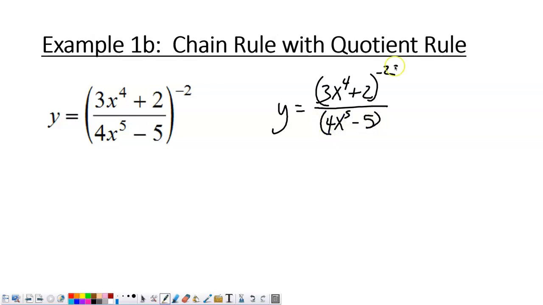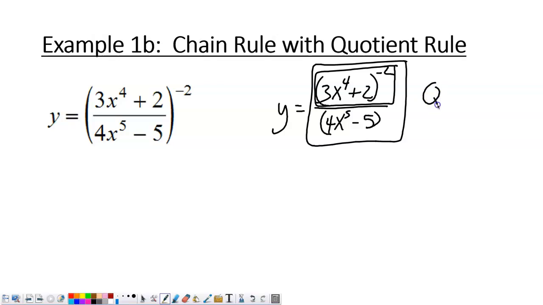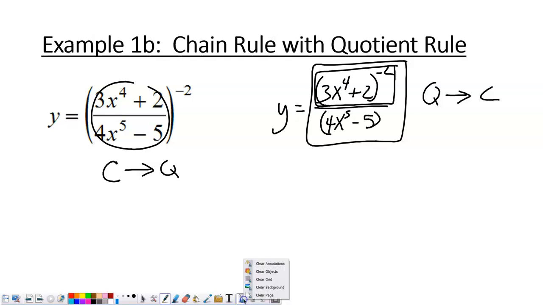Well, now the chain rule, the inside-outside function, that's only a part of the quotient. So now the chain rule is inside of a quotient. And so for this one, you would do quotient first, and then you would do chain rule. But for the previous one, since the quotient is the inside function, you're going to do the chain rule first, and then the quotient. Okay? So those are different situations.